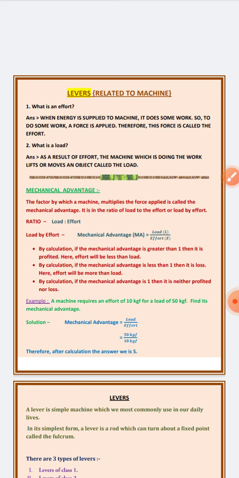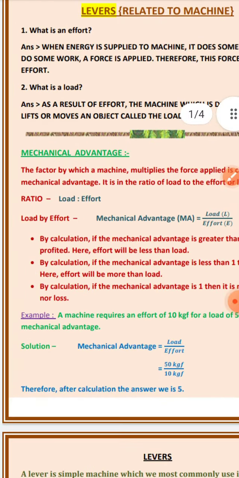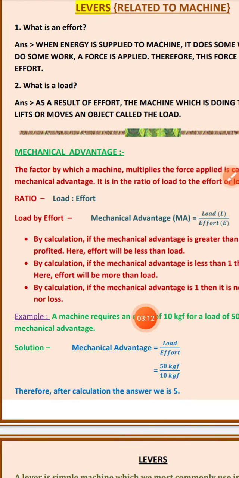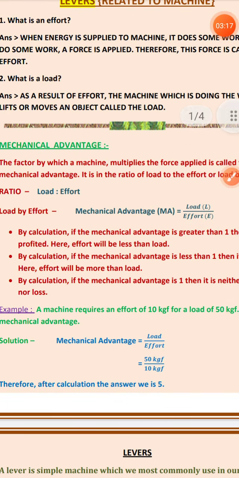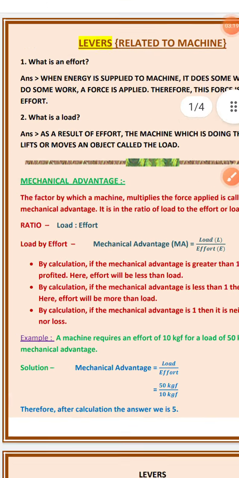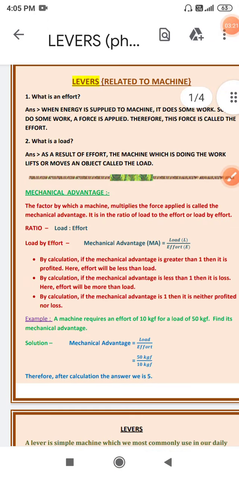Now coming to mechanical advantage. The factor by which a machine multiplies the force is called the mechanical advantage. What you can understand from here is the factor by which the machine multiplies the force applied.